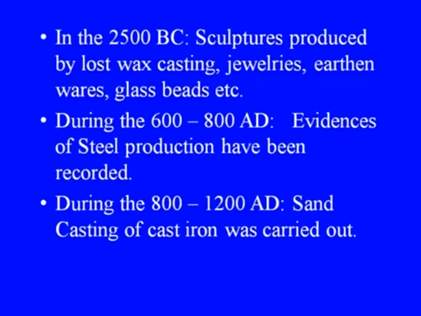In the 2500 BC, sculptures produced by lost wax casting, jewelries, earthenwares, glass beads, etc. were recorded. During the 600 to 800 AD, evidences of steel production have been recorded. During the 800 to 1200 AD, sand casting of cast iron was carried out.